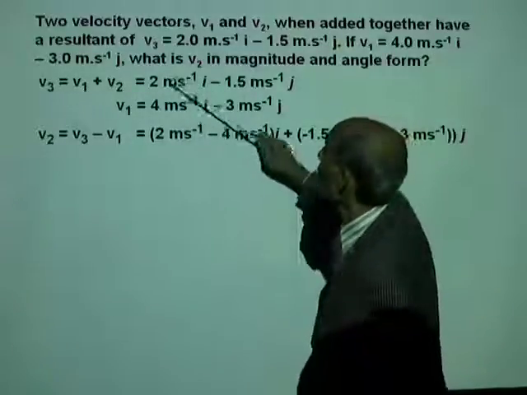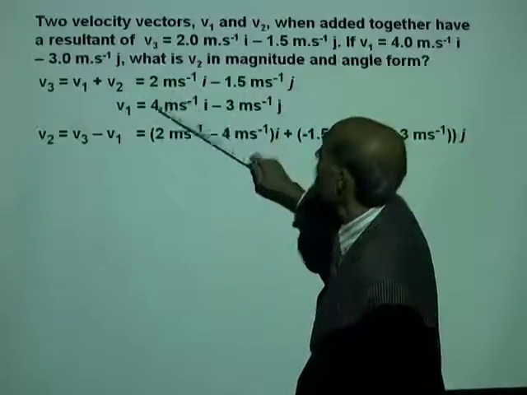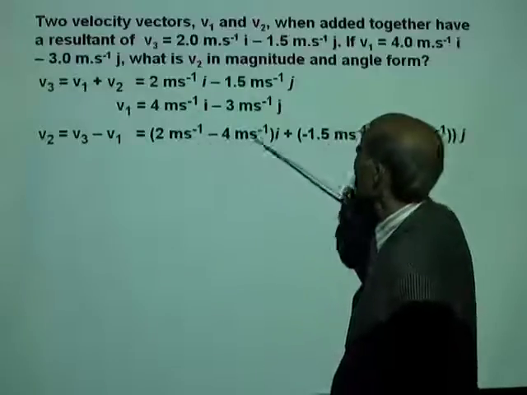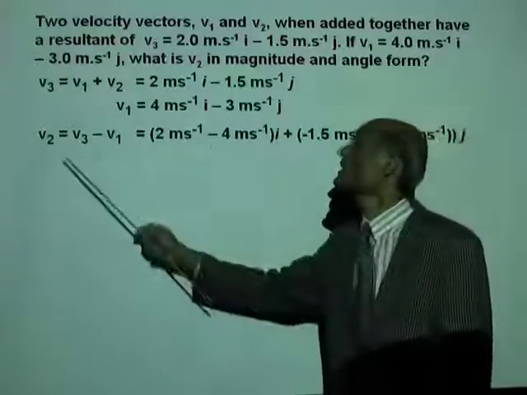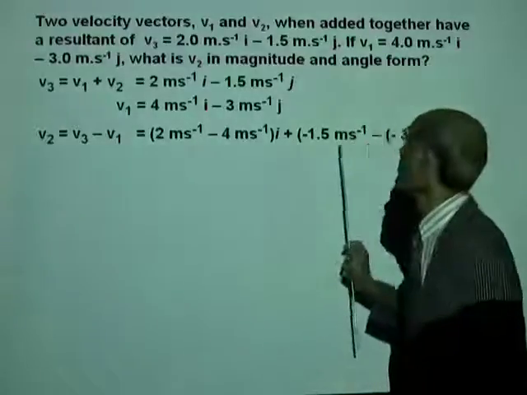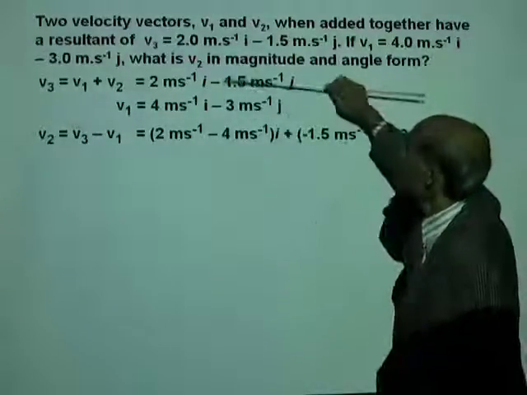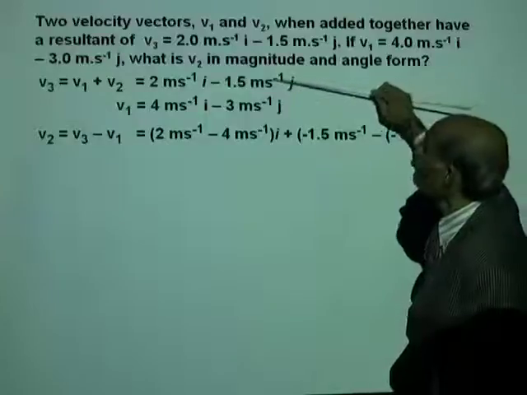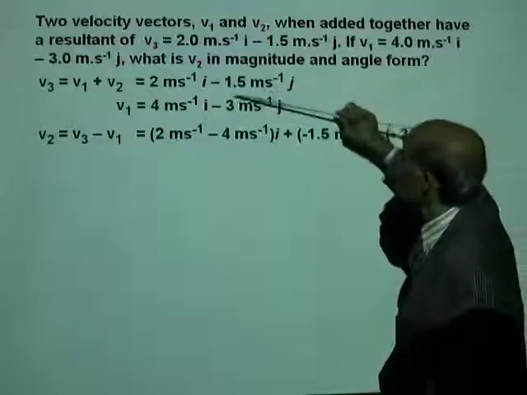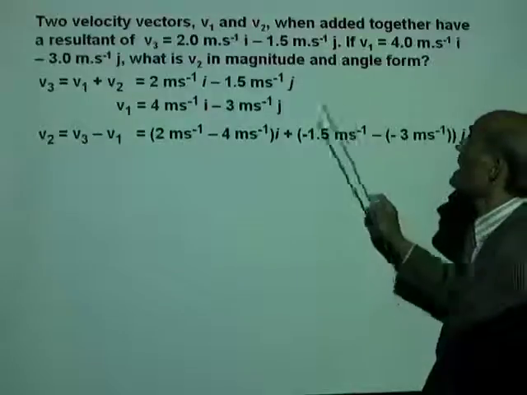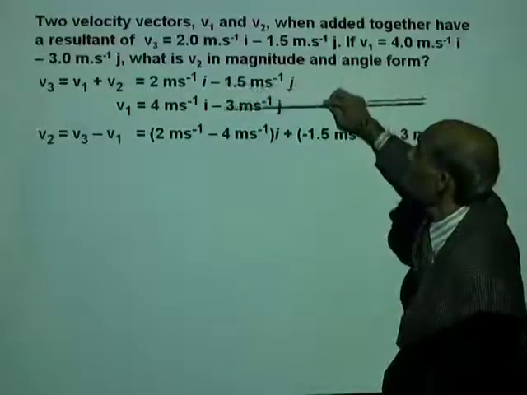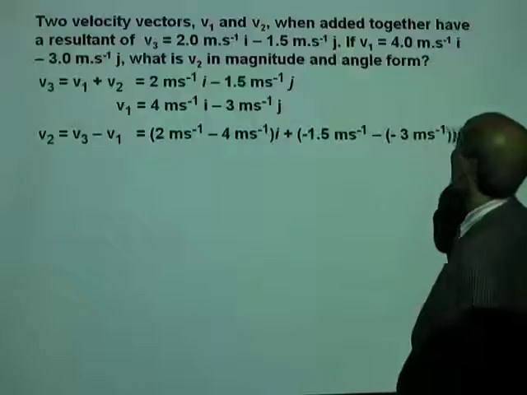So that will be 2 meter per second minus 4 meter per second i. This is the x component of v2 plus negative 1.5 meter per second minus negative 3 meter per second j. This quantity minus this quantity of j.